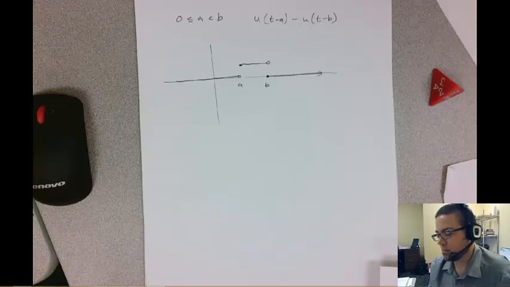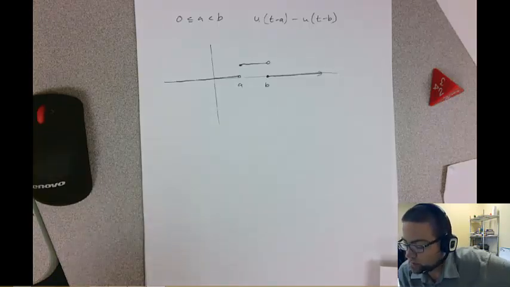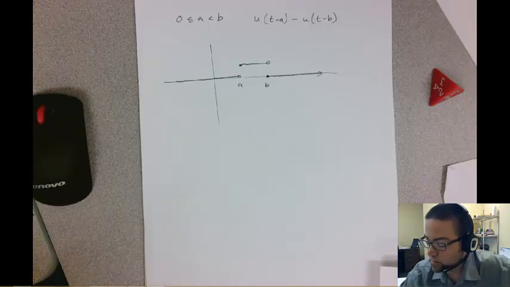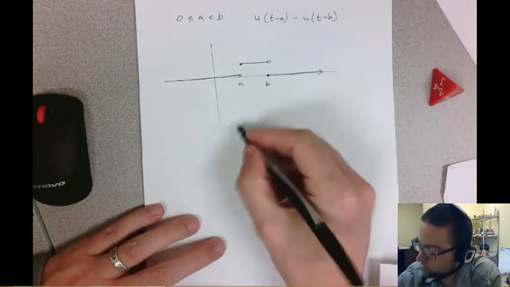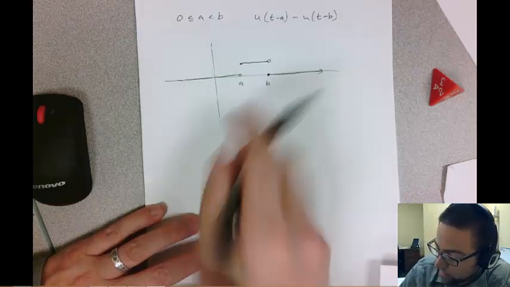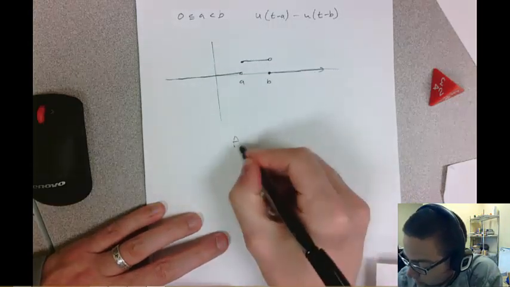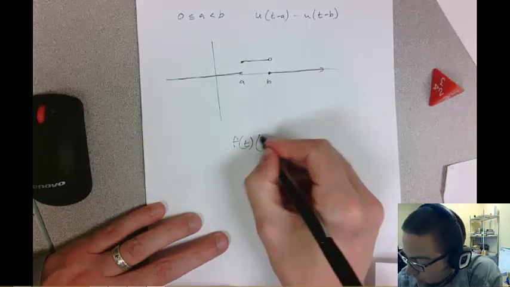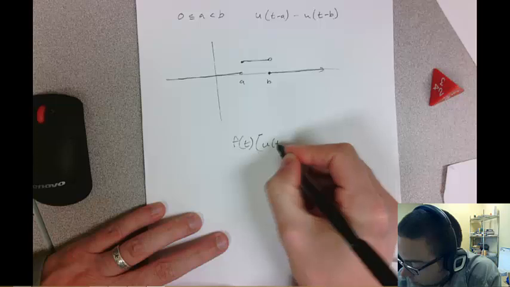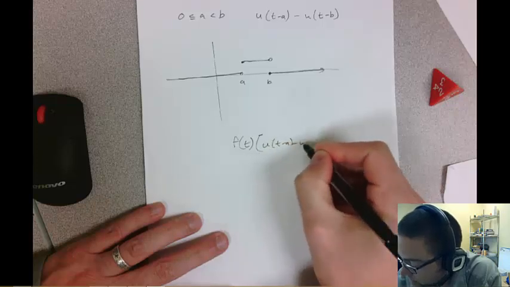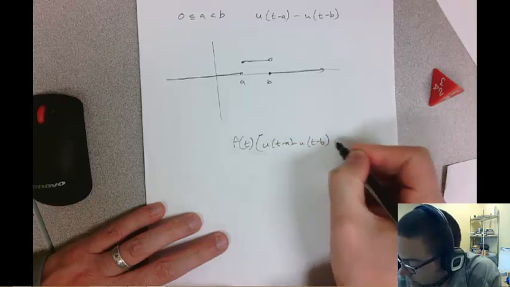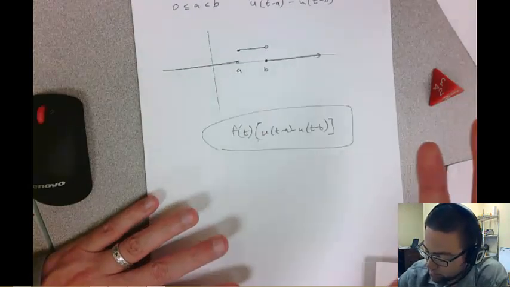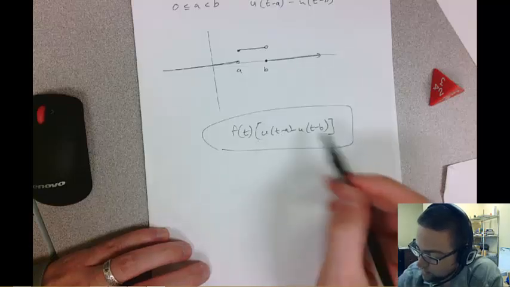Those are some different examples of using piecewise functions, and the unit step function is one that gets used a lot. If you want to break out a little piece of any function, you can say, just f of t times this box function, u of t minus a minus u of t minus b. So whatever that function f of t is, it will turn on at a and then turn off at b.